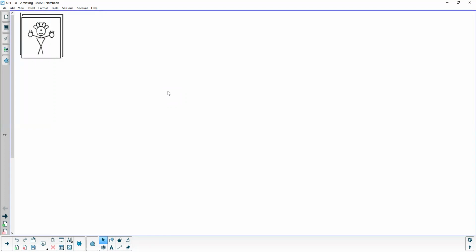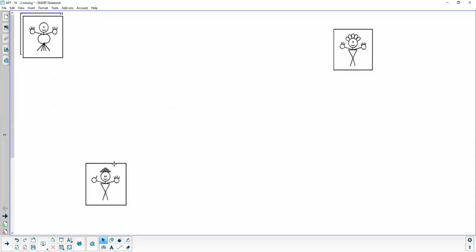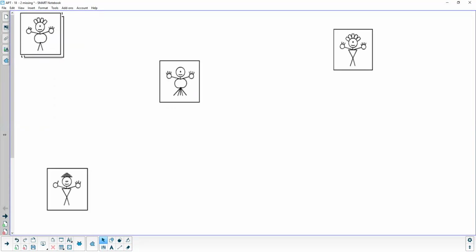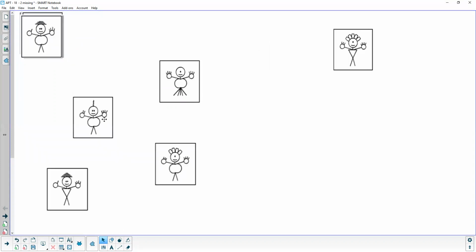All right, the first thing I'm going to do is start spreading these guys out so we can see them, because there's 18 of them. We're going to try to make some kind of logical pattern as to which ones belong together in a group.